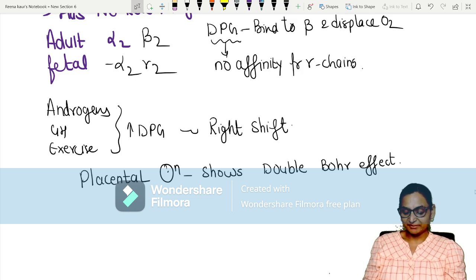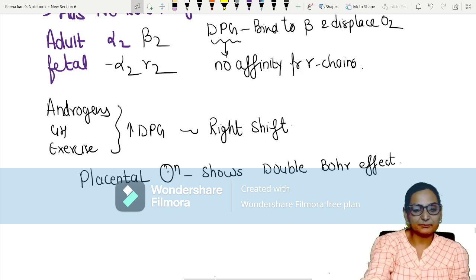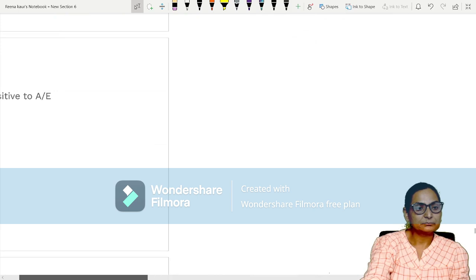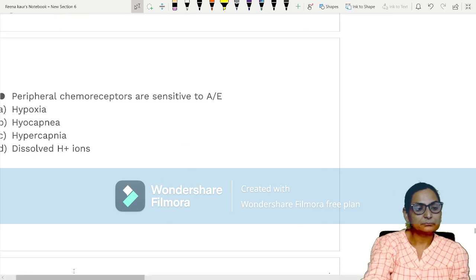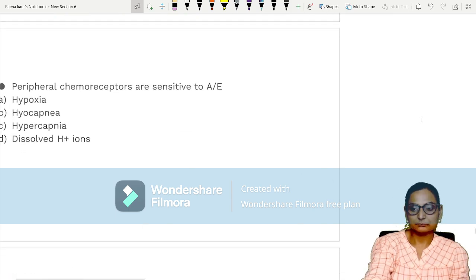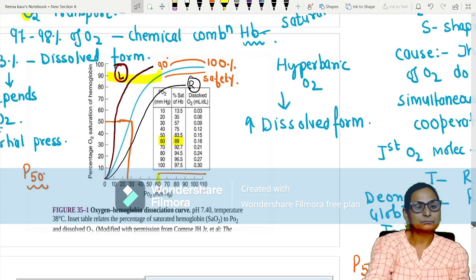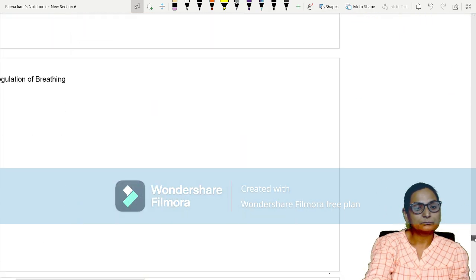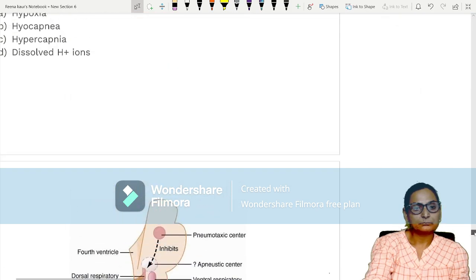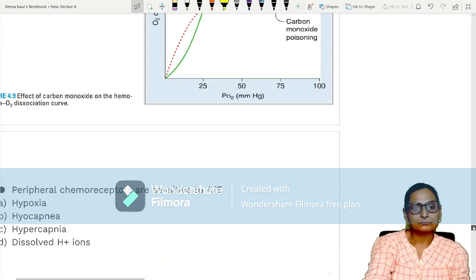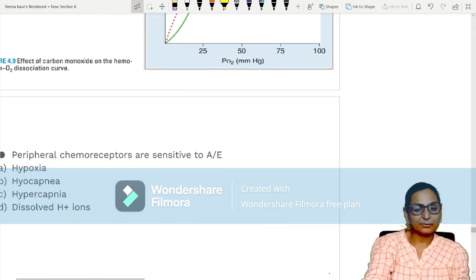The pink colored lovely flower. Very good. Is everyone done with O2 transport, and can we start with CO2 transport once you have done? Okay, done.